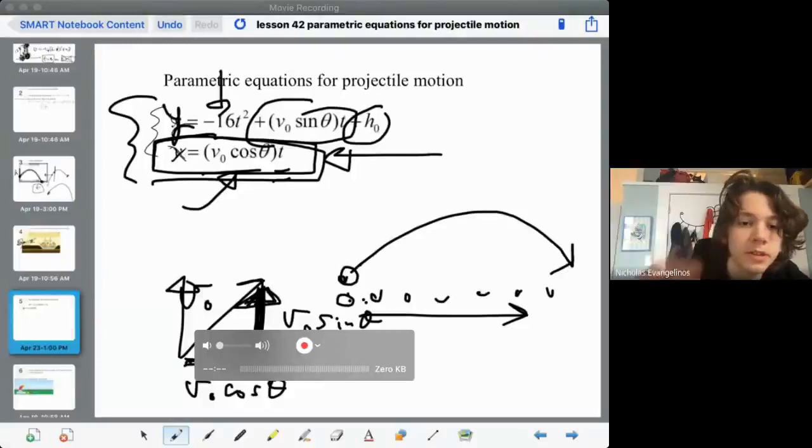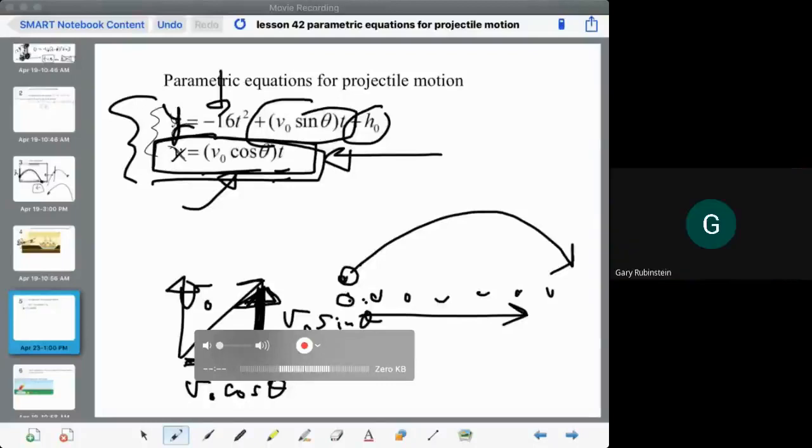Could you explain what the negative 16t squared was again? The negative 16t squared has to do with the fact that if you took a ball that was really high and you just dropped it, it would go downward. So negative 16t squared says that after 1 second, if there was no extra push going up, it would fall 16 feet.